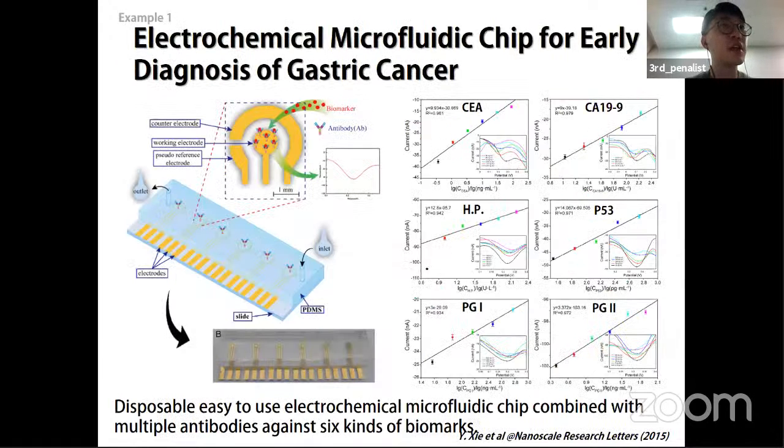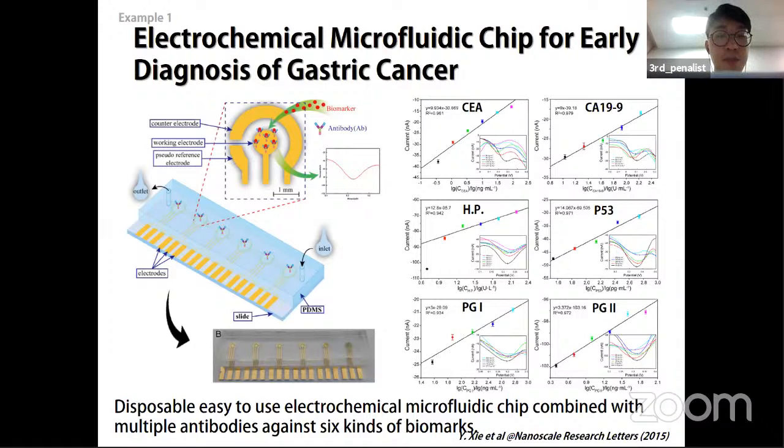And the first example is using a microfluidic chip integrated with electrochemical sensing. This paper shows a developed disposable, easy to use electrochemical microfluidic chip combined with multiple antibodies against 6 kinds of biomarkers: CEA, CA19-9, HP, P53, PG1, and PG2.